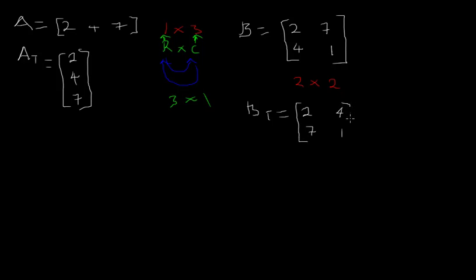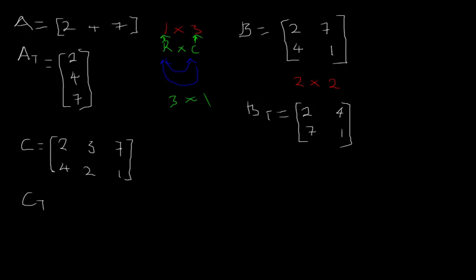Okay, let's look at a few more examples so that we get a better understanding of transpose. So let's say we've got matrix C, and matrix C is composed of the elements 2, 3, 7, 4, 2, 1, and you are asked to transpose matrix C. How do you go about finding C transpose?